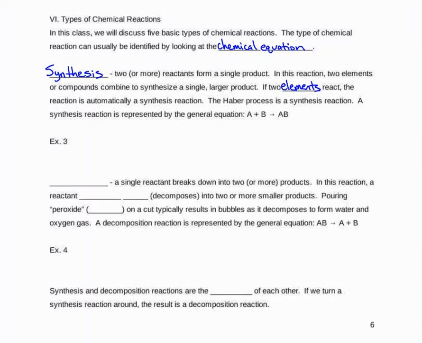The product automatically includes both of the reactants, and that's why you have both of these separately, and here they are combined. Now, the thing about these general equations is that I didn't put in subscripts or anything like that. If it were the Haber process, it's N2 plus H2 yields NH3.